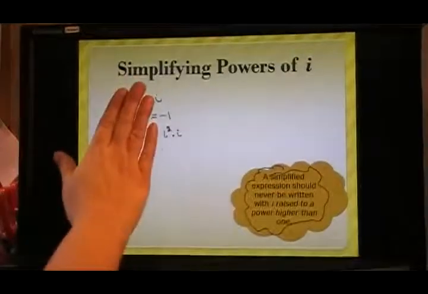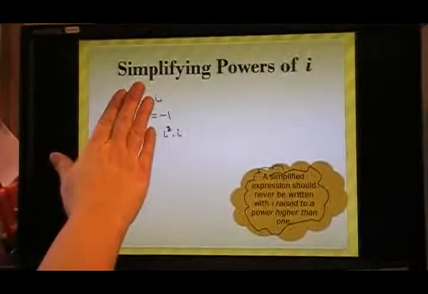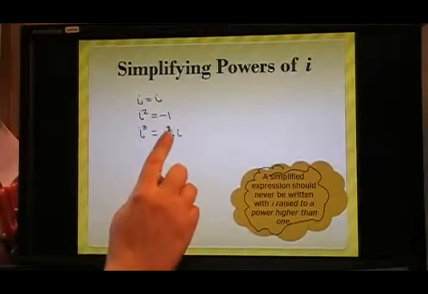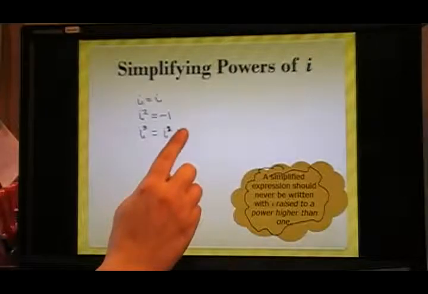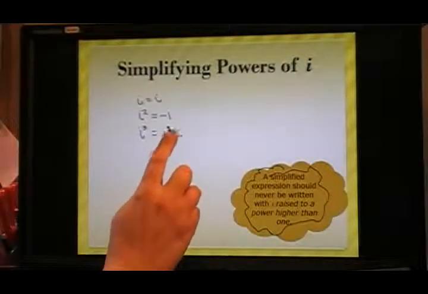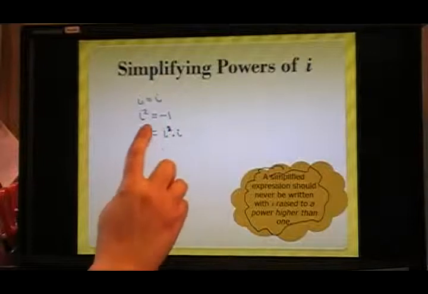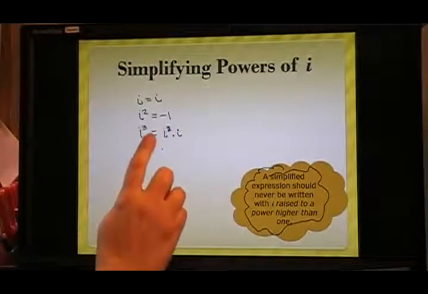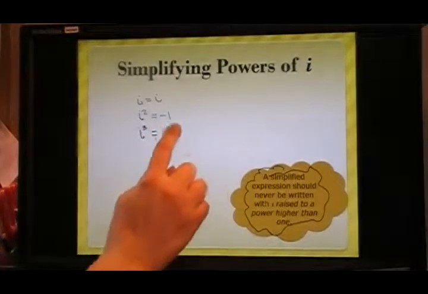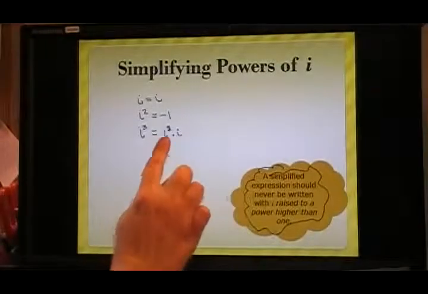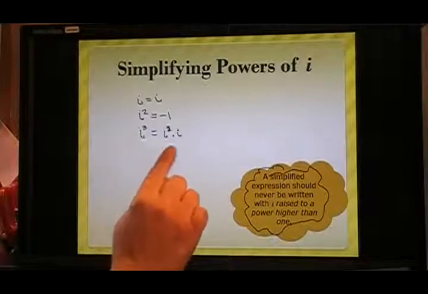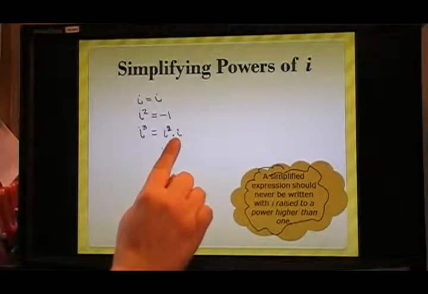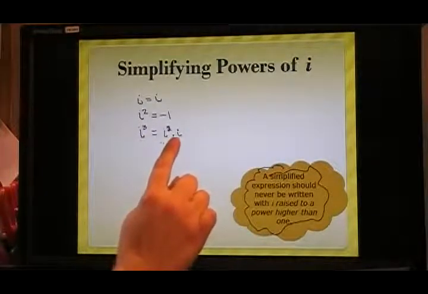If I just said, what is i squared times i, you would say, oh, since they have the same base, I can just add their exponents. So i squared times i to the first is equivalent to i to the third. We're used to doing it this way, taking something that looks like this and writing it as i to the third. And now we're going the other way with it to find what we want to know.